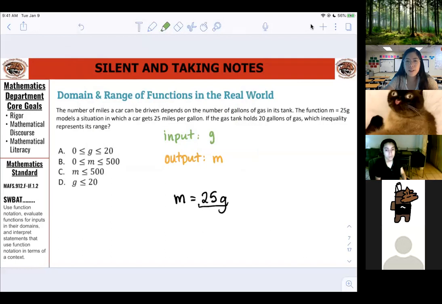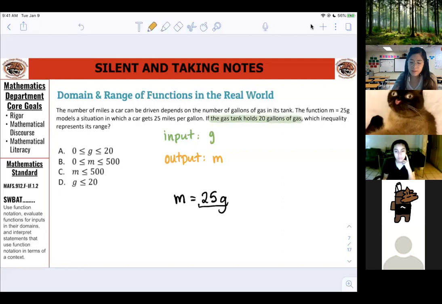What information is it telling me about the amount of gas? It says 25. I heard 25, and then I think someone else was going to say 20. Yeah, at the very end. Yeah, the gas tank holds 20 gallons.